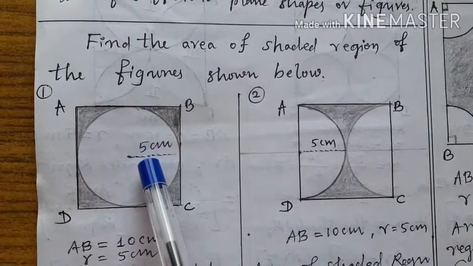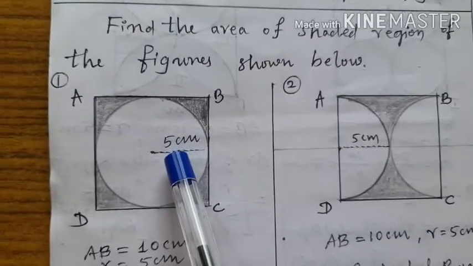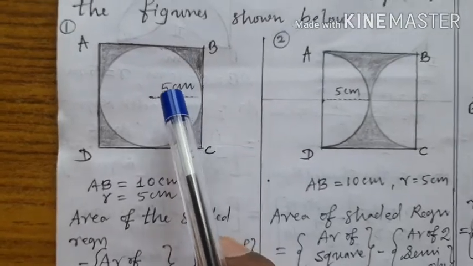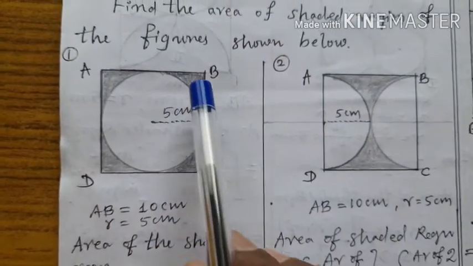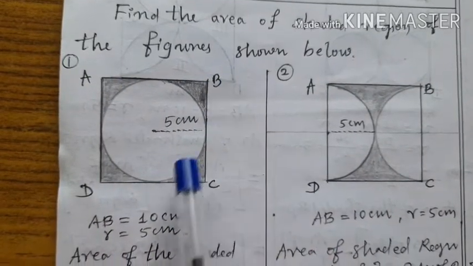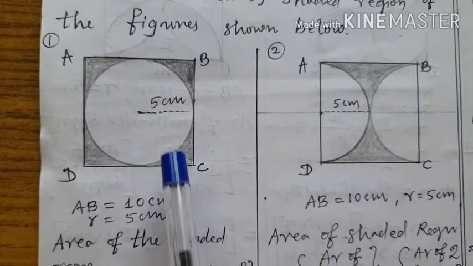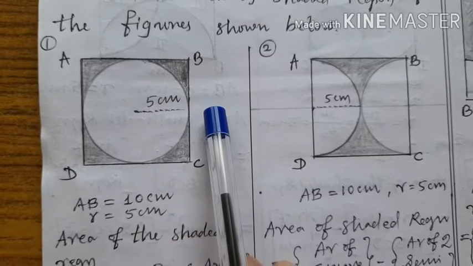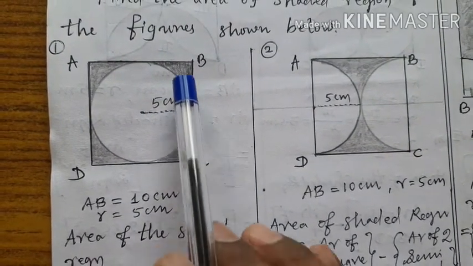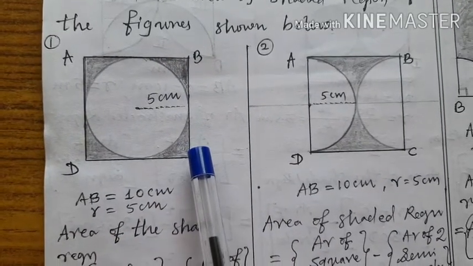We have to formulate our own formula according to the given shape. It is a square, therefore all four sides are equal, and they have given the length of AB as 10 centimeter and the radius of the circle inscribed in it as 5 centimeter.